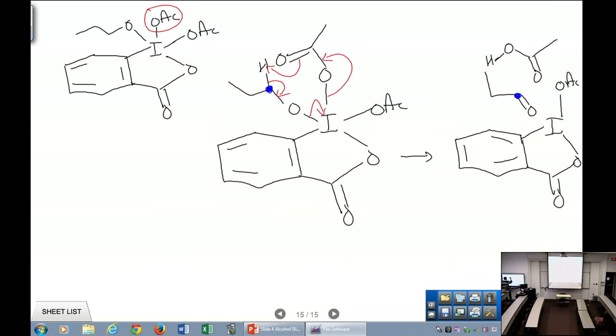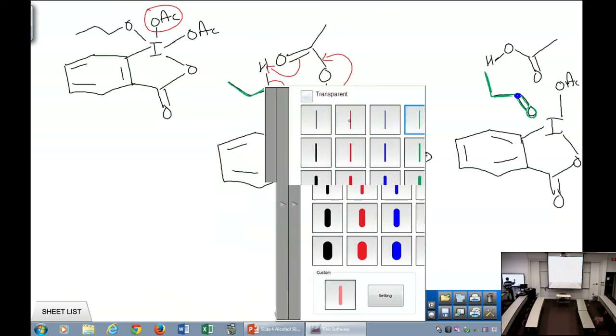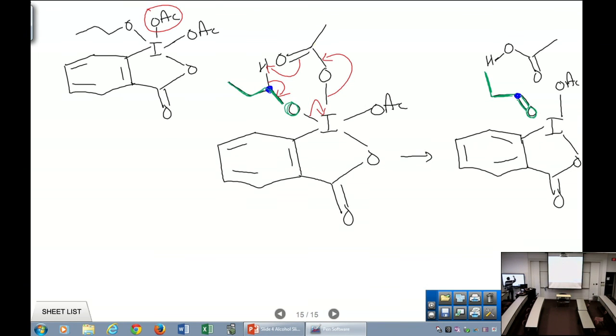Right, so this right here, you can see my green, is this molecule right here, all these carbons. And then oxygen. Yellow, hopefully. I don't know how it's going to show up.